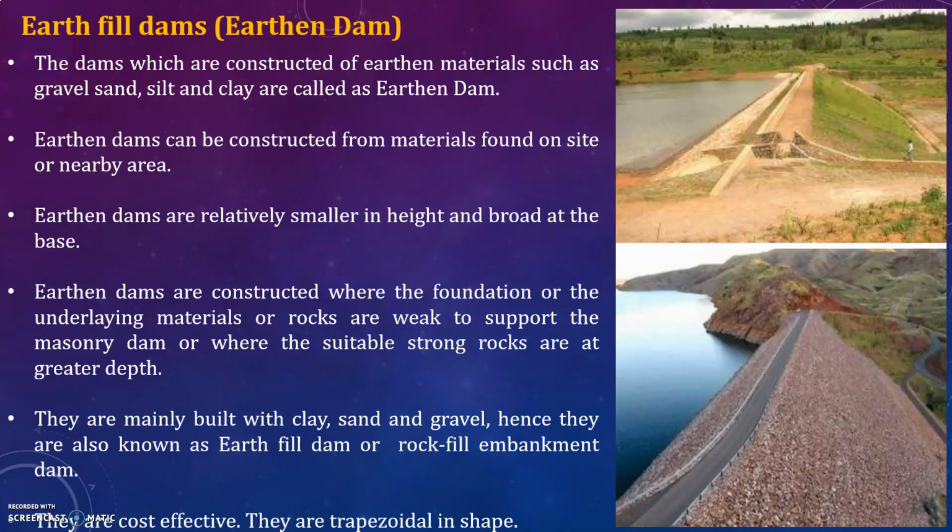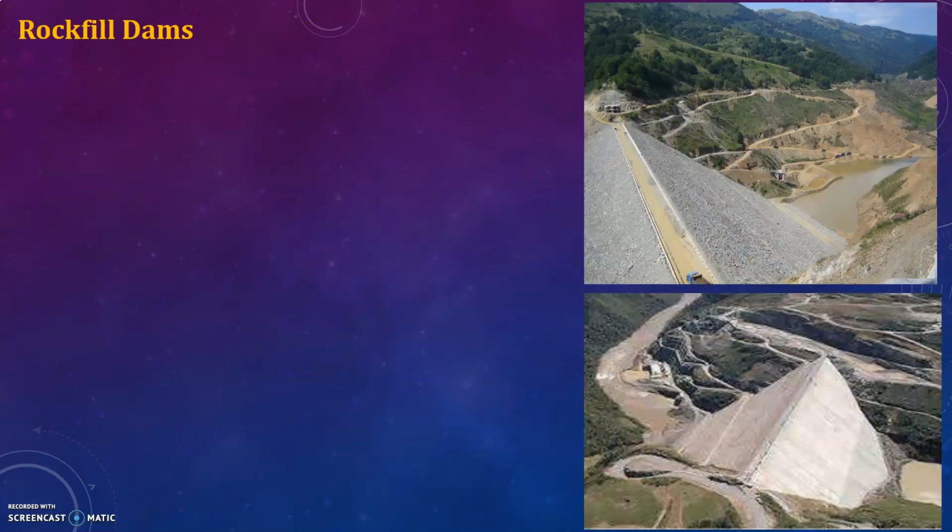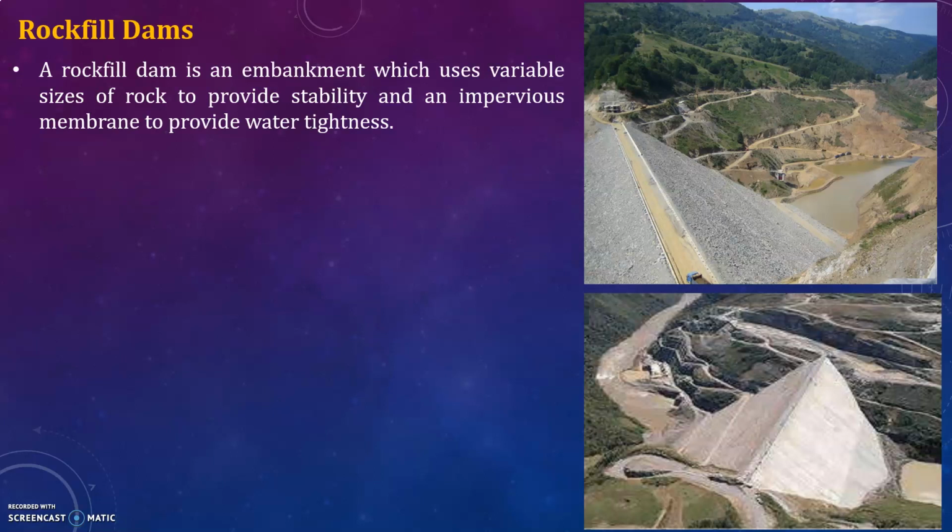Next, let us discuss the Rockfill dams. A Rockfill Dam is an embankment which uses variable sizes of rocks to provide stability and an impervious membrane to provide water tightness.